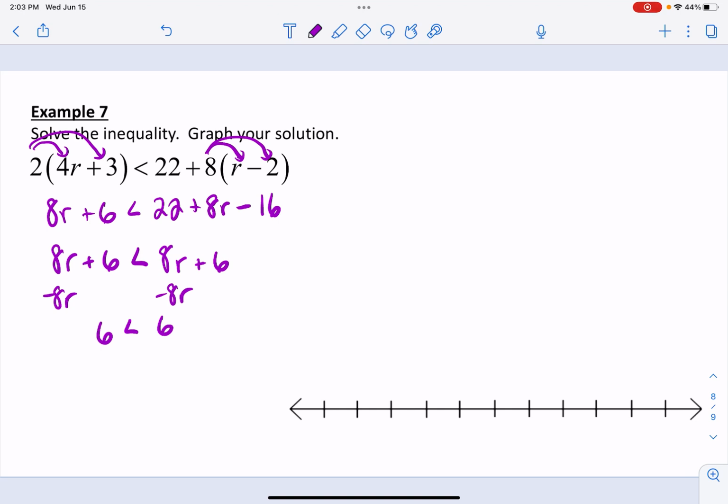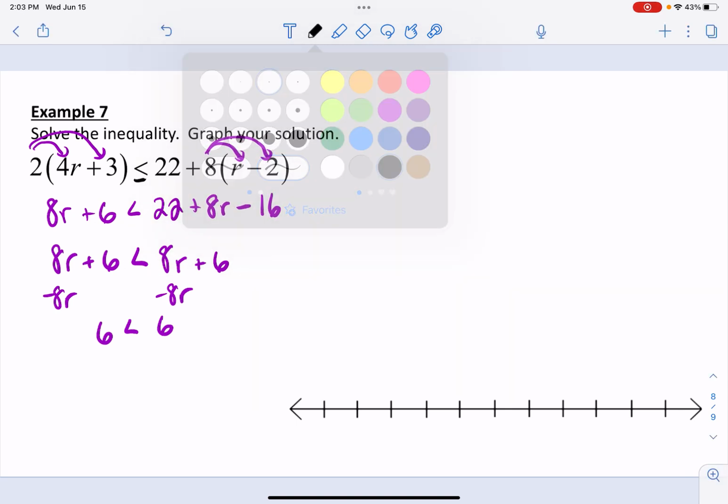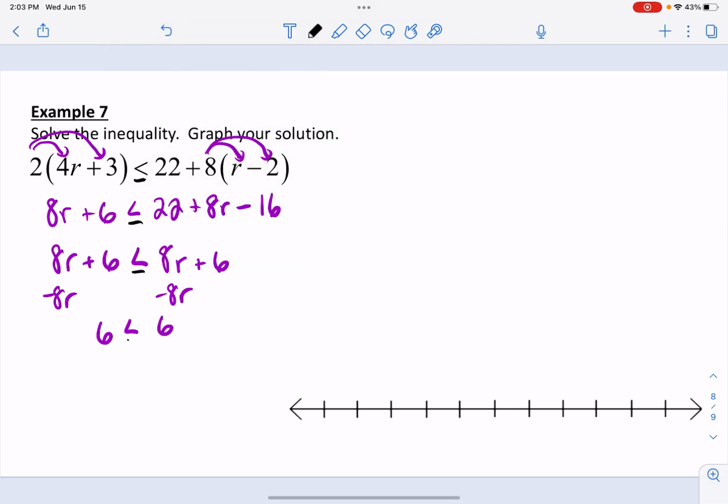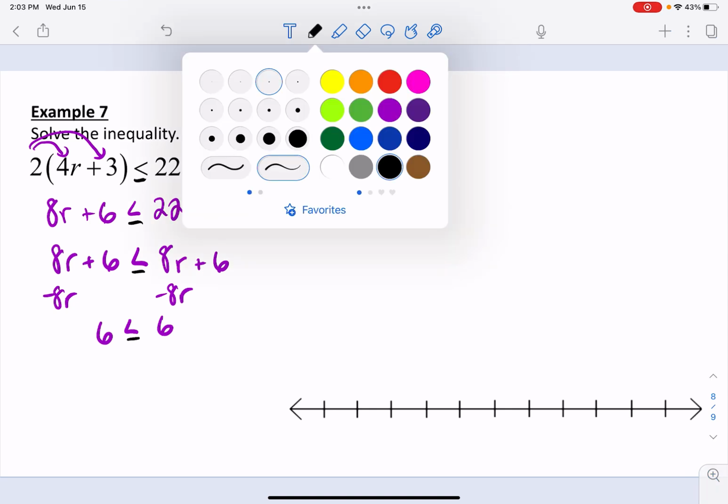I know why. I know what I wanted to do with this one. I'm going to adjust it a little bit. I apologize. If you add in an equal sign there, because I know what I wanted this answer to be. Is 6 always less than or equal to 6? Yes, that is always true.